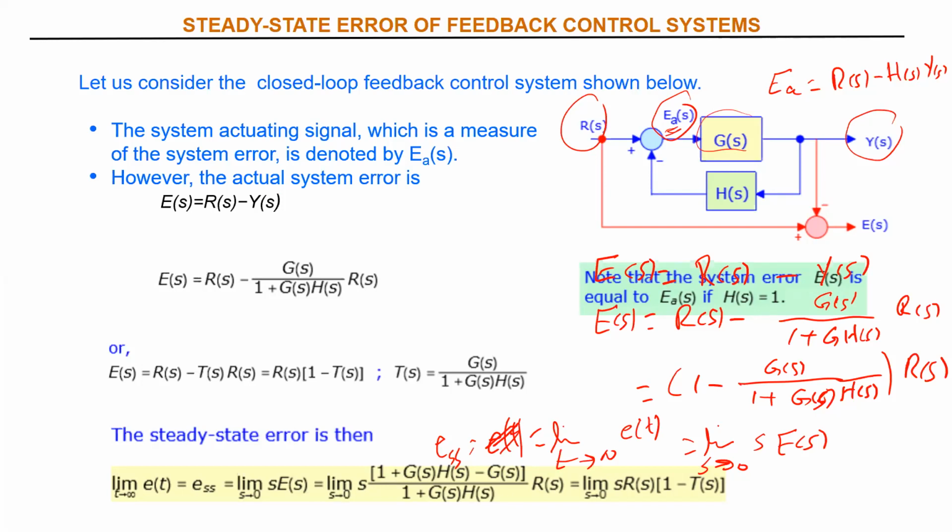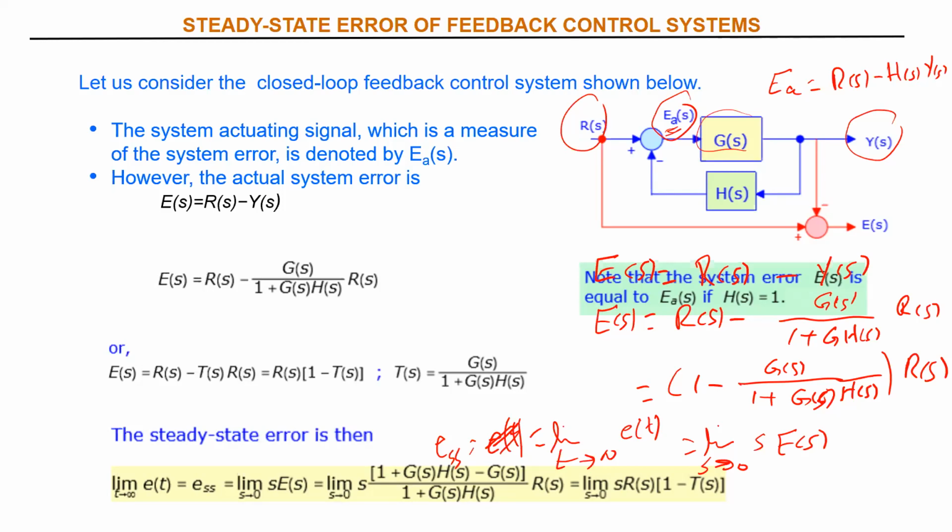And in this case, H of S will play the role of the conversion between, for example, the desired and the output. For example, if R of S is just a voltage. Sometimes, suppose your input to a system is a voltage, and suppose you are controlling a motor.